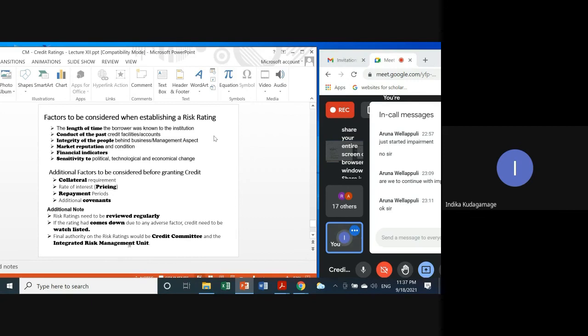Right. So what we discuss under risk rating is the creditworthiness of a customer. It can be a sovereign, business entity, person, or even an instrument like debentures, shares, all those things.